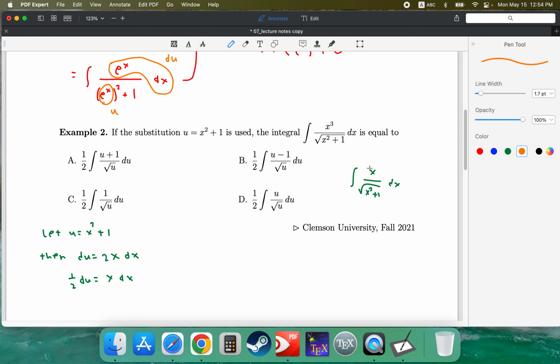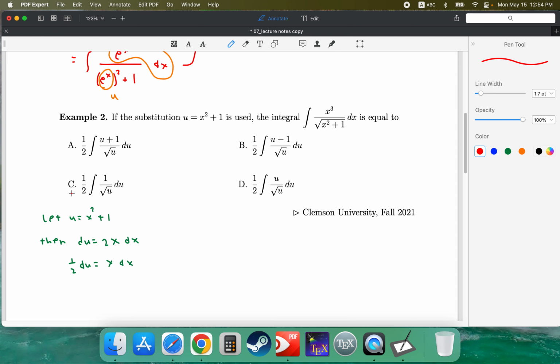Then I will be able to replace this x dx by 1/2 du, and here this is just u. So I can take care of everything. However, right here I have x cubed on top, but don't worry, because we can make a simple change to this problem, and then we will still be able to use this u substitution.